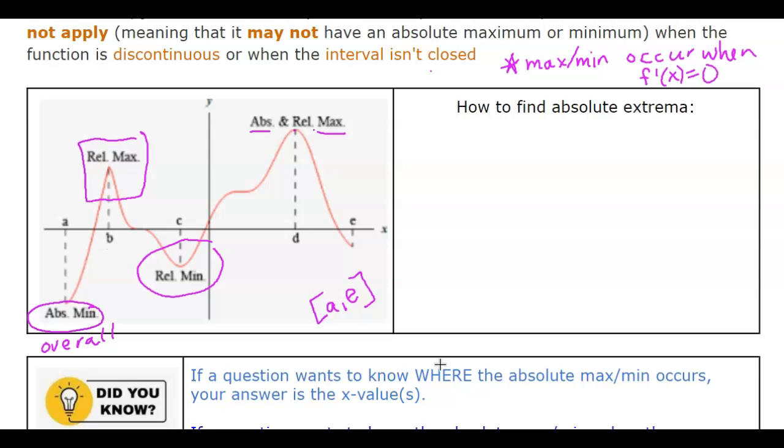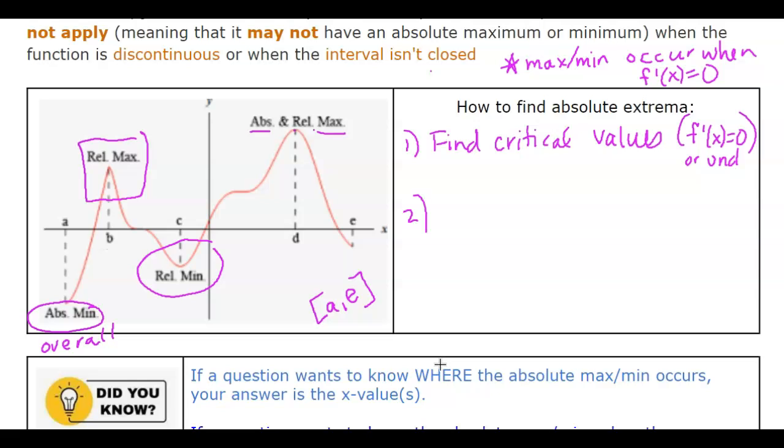It's not going to be a max or min when your derivative is undefined, but it's a critical value. So step number 1 is to find critical values. Remember that means when your derivative is equal to 0, or undefined. It just usually doesn't happen there.